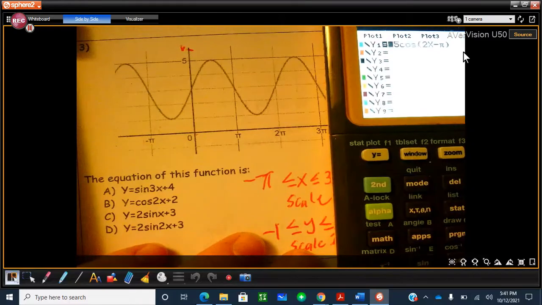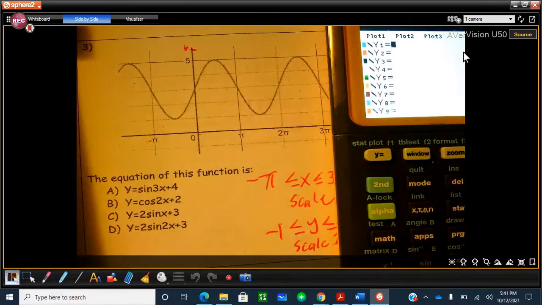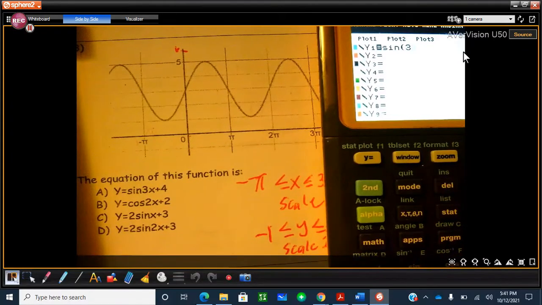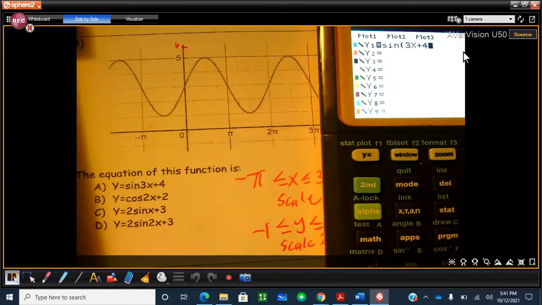Alright, so I'm going to go through the functions, and I'm going to see which one matches. So, let's see, y equals sine of 3x plus 4. Oops, let me put it in right. I took out my sine. It's been a while since I've used this TI, so 3x. It wants me to close that, so it actually wouldn't take it until I did that.